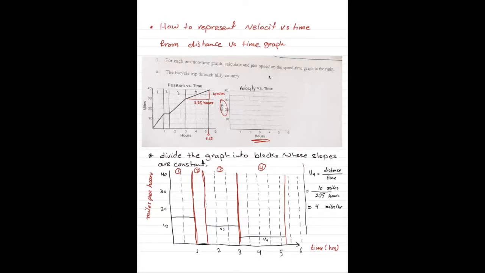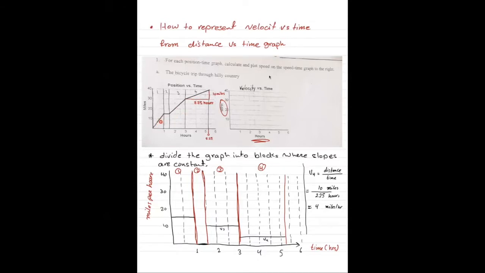Okay, so a couple things to take note of for problem number 1. Let's look at the lines that have slopes in block 1, block 3, and block 4.